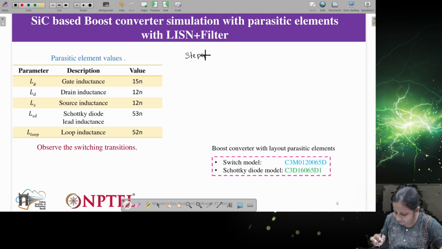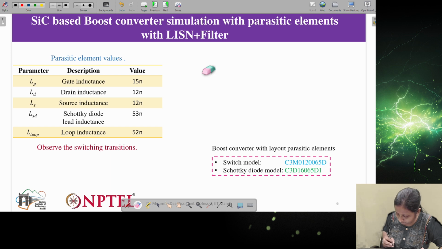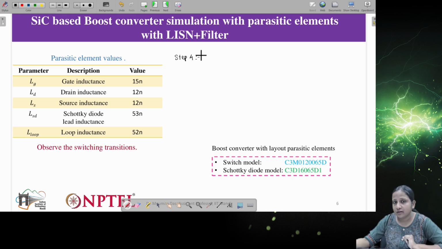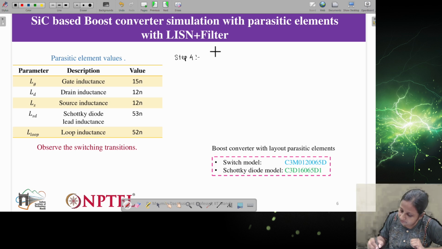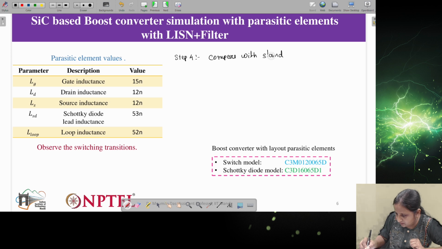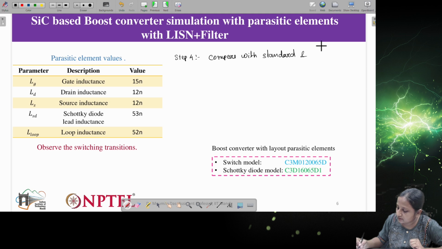Step 4, you have to find the filter requirement, compare with the standard and see the filter.